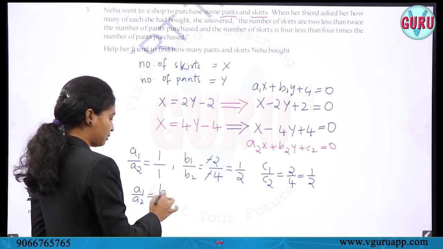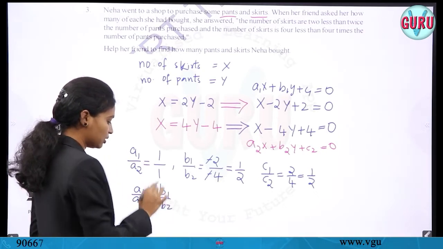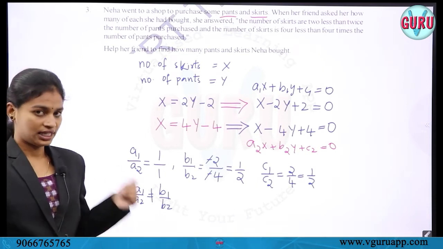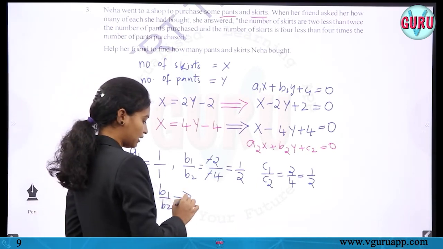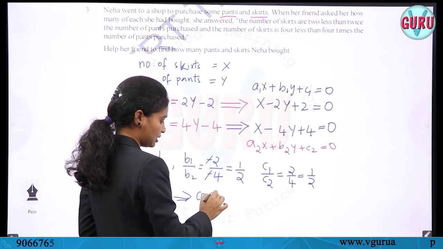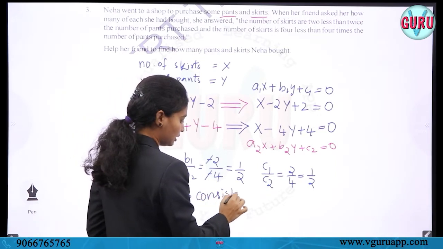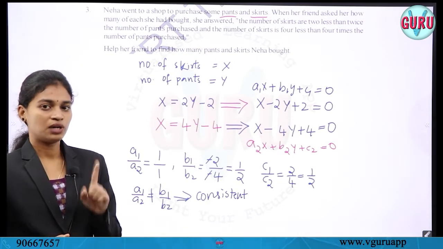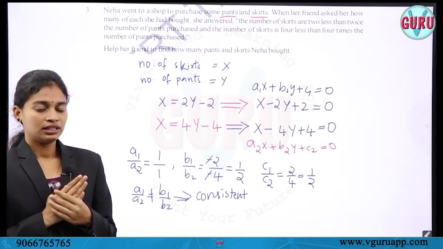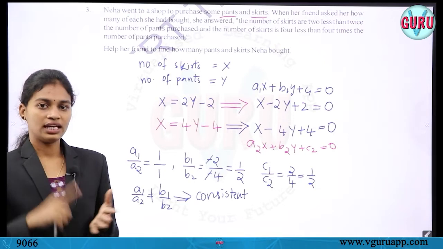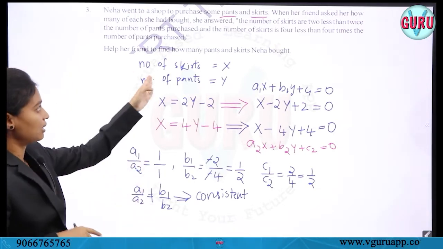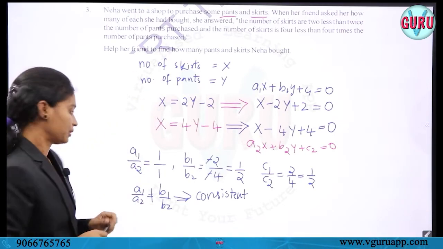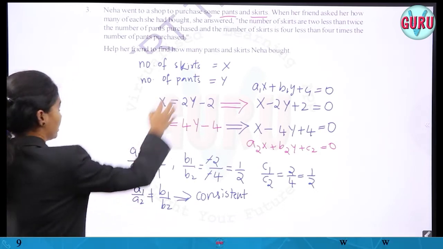Because a1 by a2 is not equals to b1 by b2. This means the equations that we have formed are consistent. That means it has only the one point of intersection. If those two lines intersect, we only get one point. That point satisfies the number of pants and skirts. So we'll check that graphically.